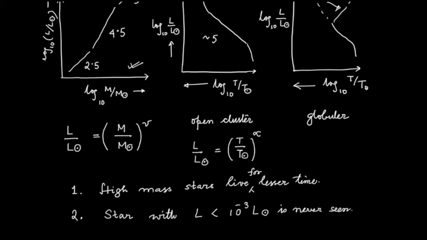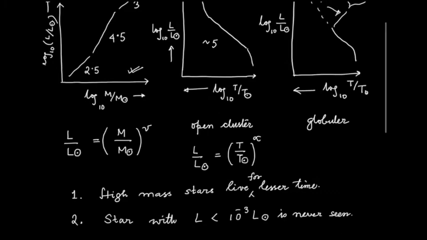This is very important to point out. It is not a limitation of our observational capabilities. It is not beyond our observational capabilities. It is that we have not seen such stars.